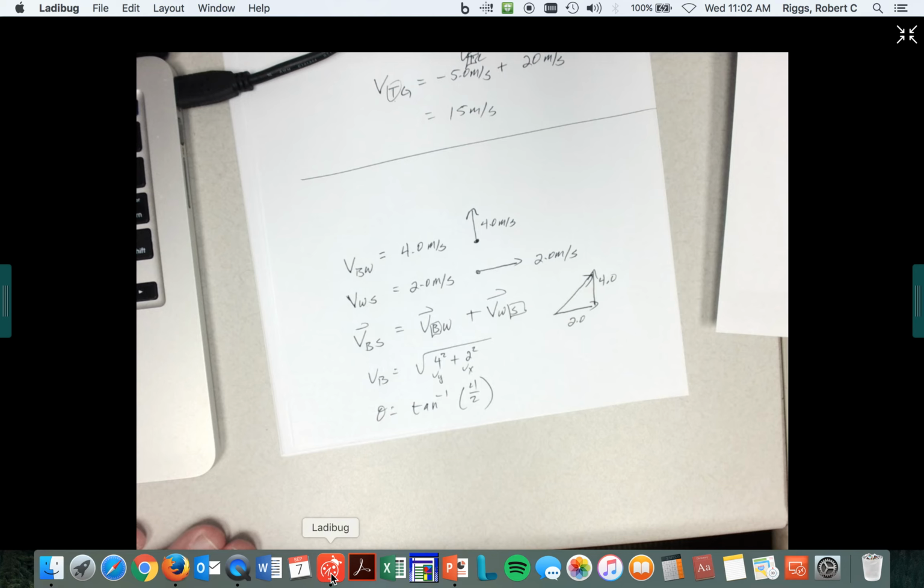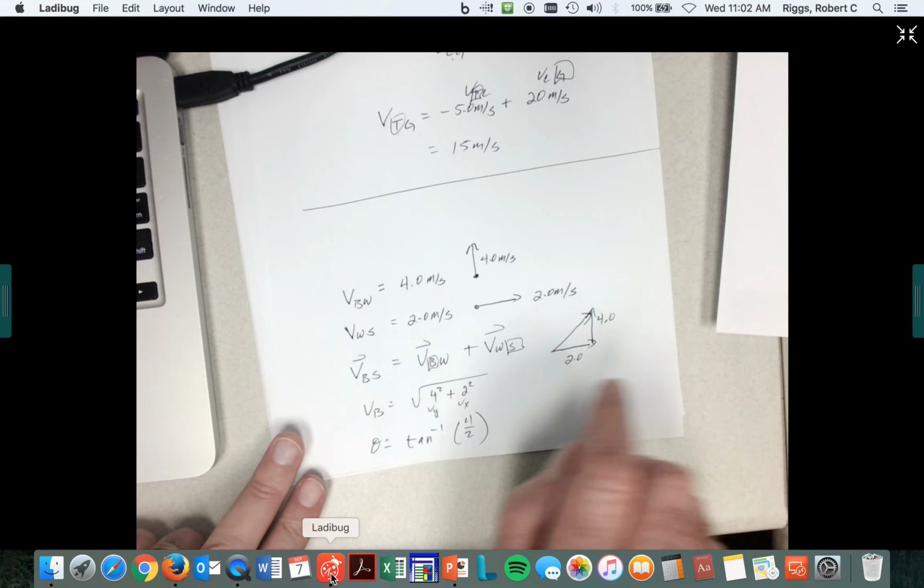All right, so now, here's a question for you. Would a boat that can only go 1.5 meters per second be able to go straight across? No, it would not.